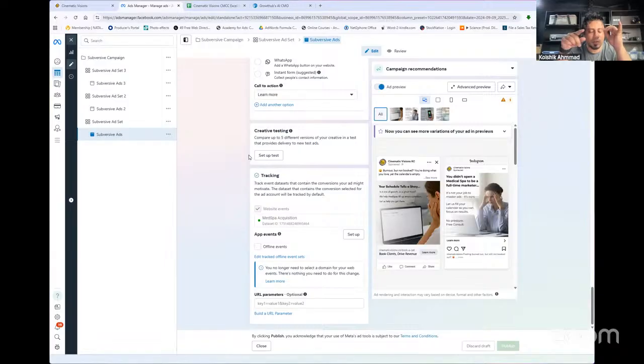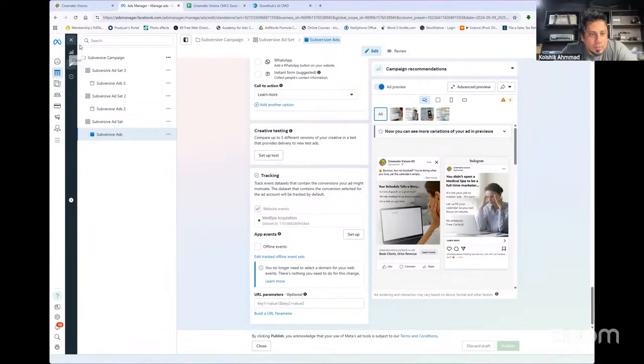Ad set 2 is the one that has like 800 bucks spent. It's not doing well, and then you shut it off, and you say, hey, screw it, I'm gonna come back to this in July. So probably something like that. Or maybe two and three would be July. Maybe the first one ran all the way into June and started dying. And then Subversive two and three would have been July and August where I was trying to come back to it. Okay, cool.